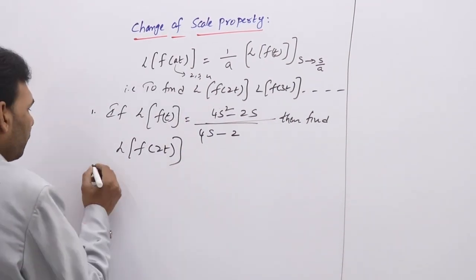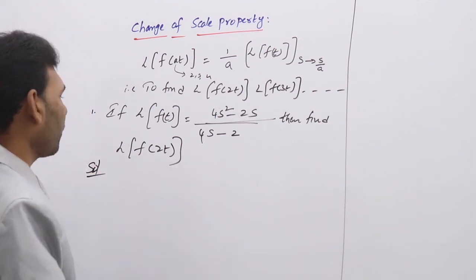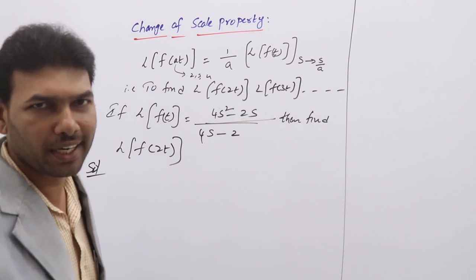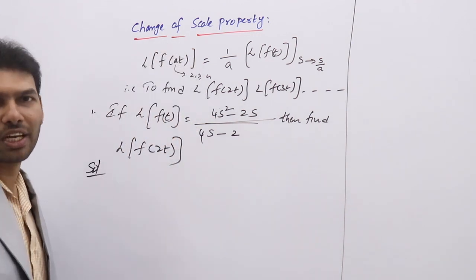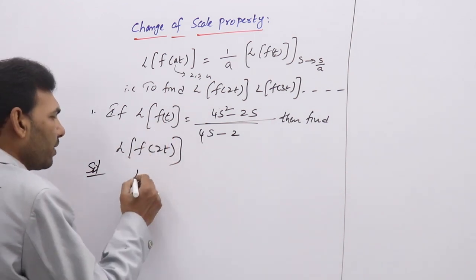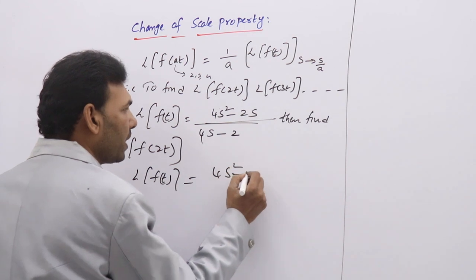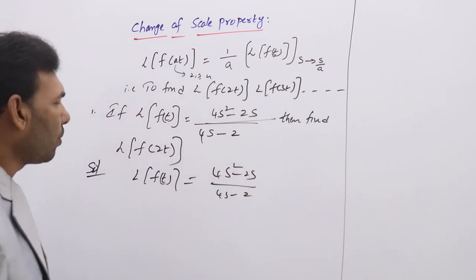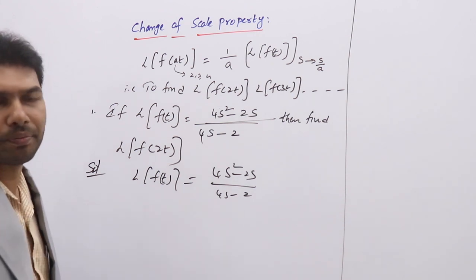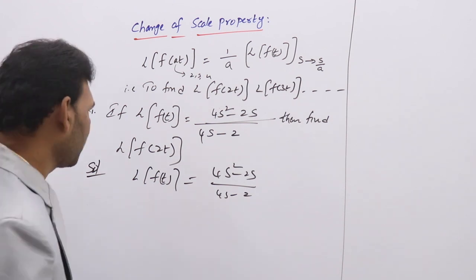Whenever you need to evaluate the Laplace transform of f of 2t, f of 3t, we think about change of scale property. So first write what L of f of t is given: 4s square minus 2s by 4s minus 2. For this we need to find the Laplace transform of f of 2t.